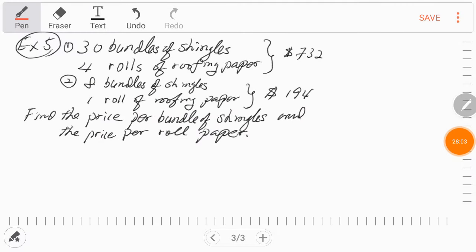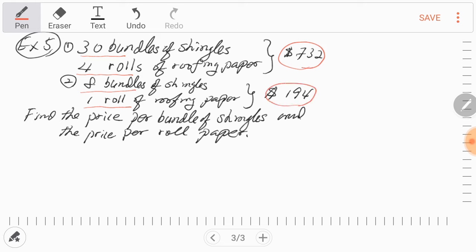This is a word problem. A contractor bought 30 bundles of shingles and 4 rolls of roofing paper, and it cost $732. He bought the second time 8 bundles of shingles and 1 roll of roofing paper, and it cost $194.